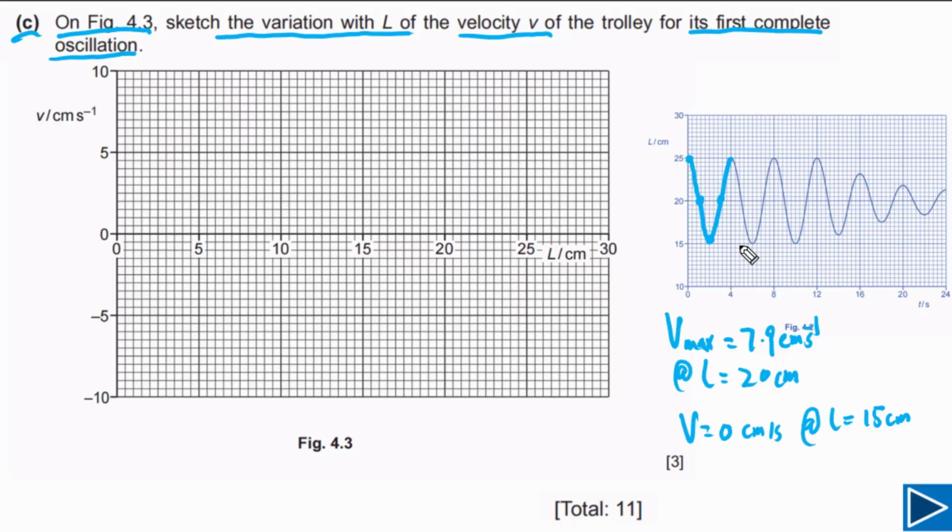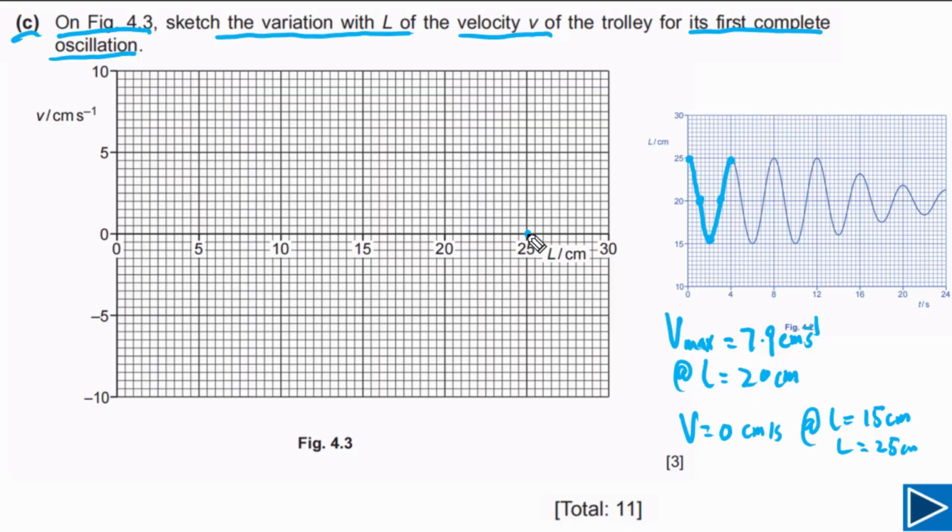Initially it is 0, so L is equal to 25 centimeters. And again, when it completes the cycle, L is again equal to 25 centimeters, so V is again equal to 0. Now we simply have to use this information and we can sketch the graph. First of all, look at when V is equal to 0. V is equal to 0 when L is equal to 25 centimeters.